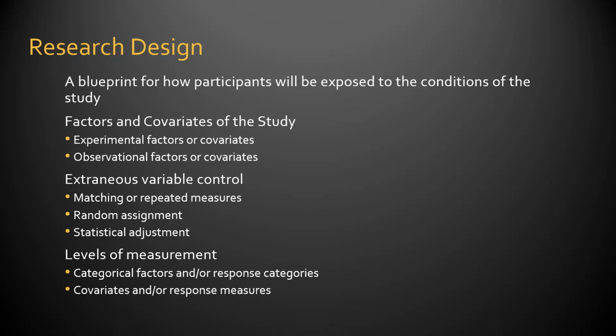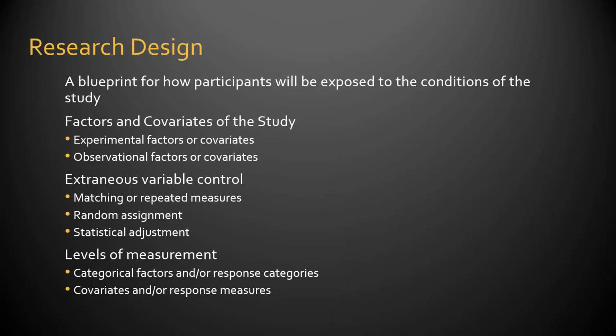Let's talk first about research design. A research design is a blueprint for how participants will be exposed to the conditions of the study. First thing is that we have factors and covariates of the study. I'm referencing factors the way that we have been referencing factors when we use R, as categorical variables, and covariates as quantitative variables.